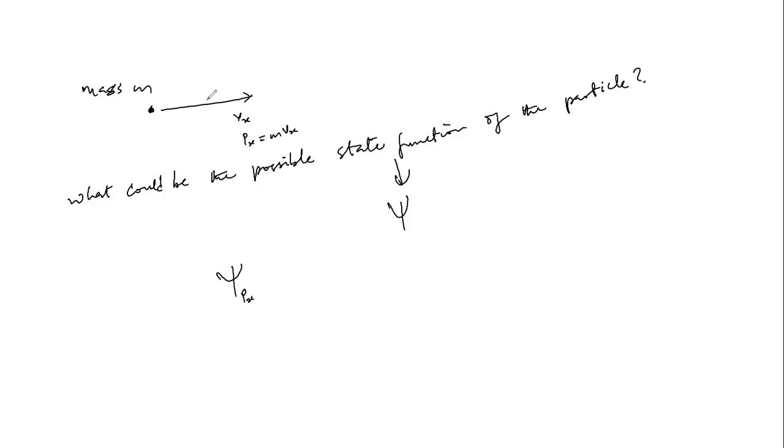To describe this entire process, we need to describe psi in relation to the momentum. So the state function must be the eigenfunction corresponding to the eigenvalue p sub x, which can be of a positive or negative value, depending on the direction.